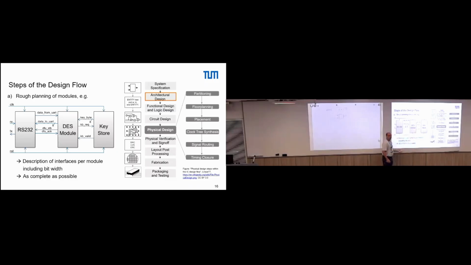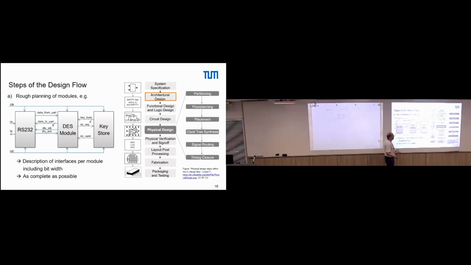And of course, if we want to have such a building block, we also need some interface. I decided here to have an RS-232, a UART interface, where we just have two wires, one wire in, one wire out. Later in the lecture, I also explain how this protocol works. Not so important for the moment.